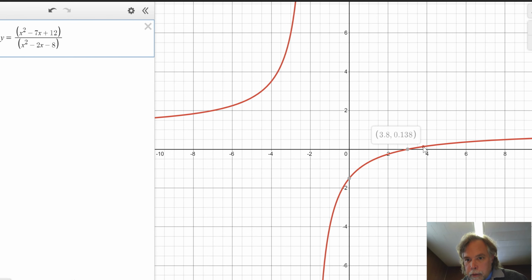And I have 3.8, 3.83. I'm getting closer and closer to 4. And when I get right to 4, there it is, see, undefined. It does sort of graph the hole if you click right on it there. And yeah, that's why the limit turns out to be 1/6, though the function is undefined when x equals 4.